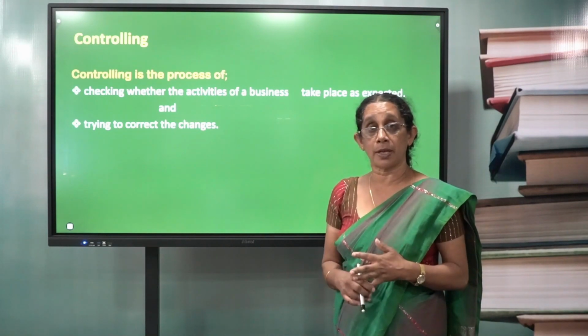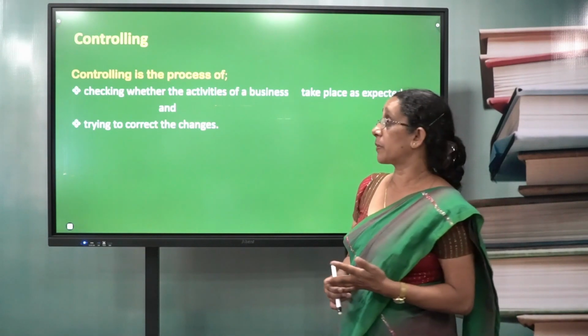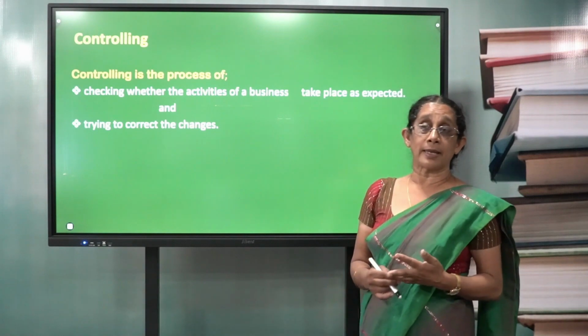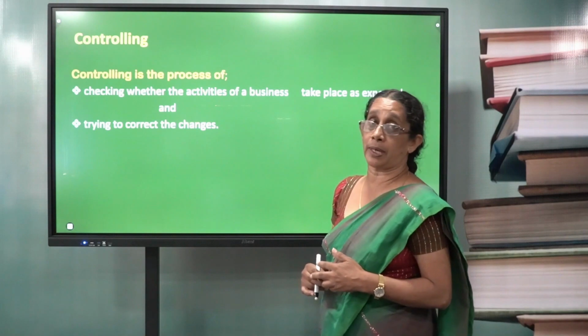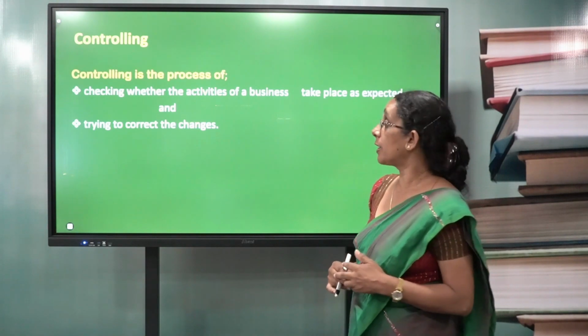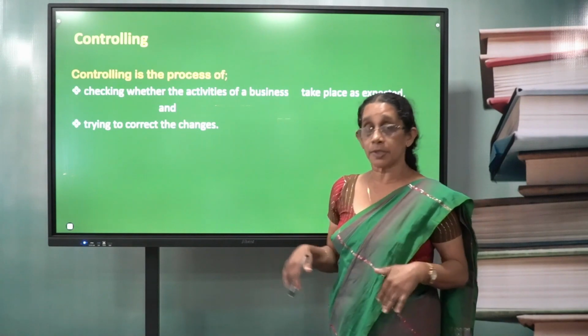Maybe they can make the teaching learning process efficient, and they can conduct various programs. And in organizing, there is an organizational procedure.